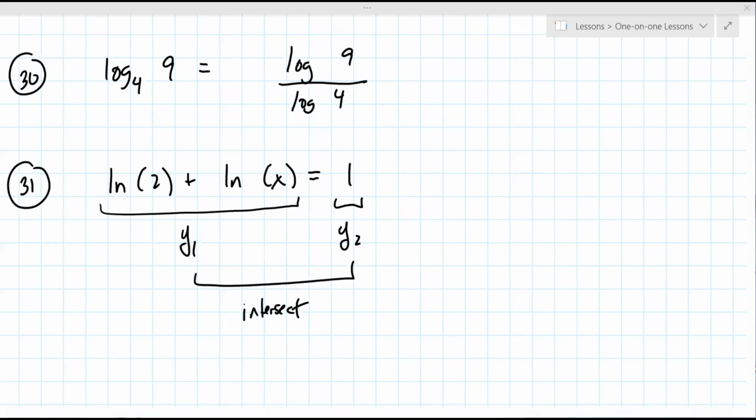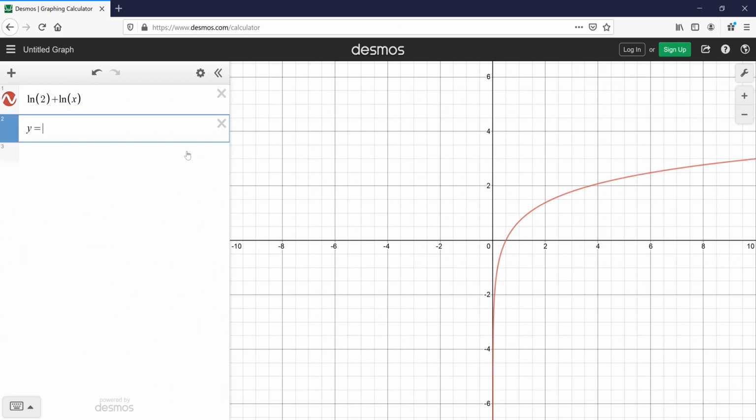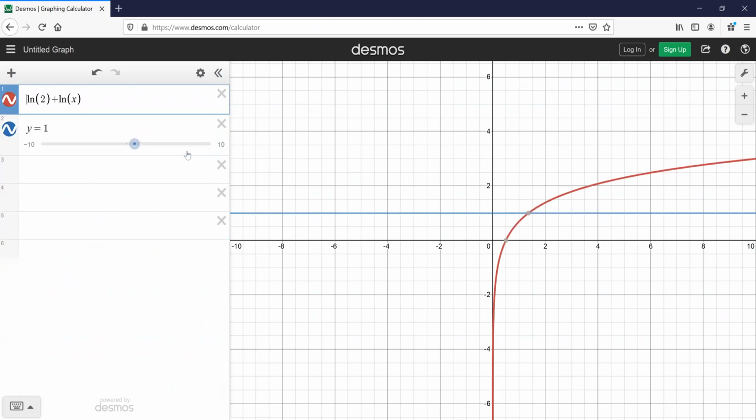So you've got the problems, I've got the problems, and this one you're going to go ln 2 plus ln x, and then here you can go y equals 1. You can use y for both. That's probably a good technique here, and you just see where they intersect. There's the answer. It doesn't get much more difficult than that for this one.